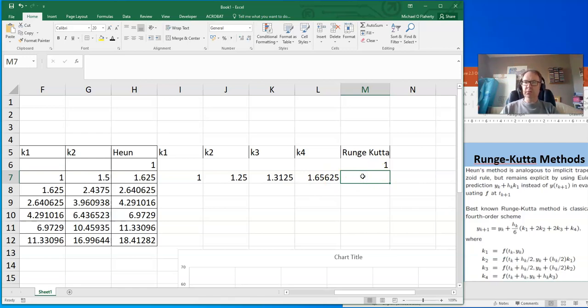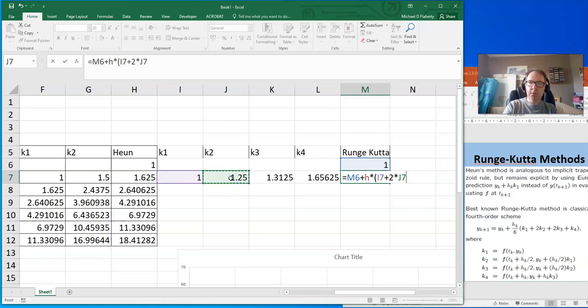And so we take the weighted average of them. So yk plus 1 is equal to yk, the previous value of y on the previous calculation, our starting point, plus h multiplied by this weighted average, k1 plus 2k2 plus 2k3 plus k4, and we divide that by 6.